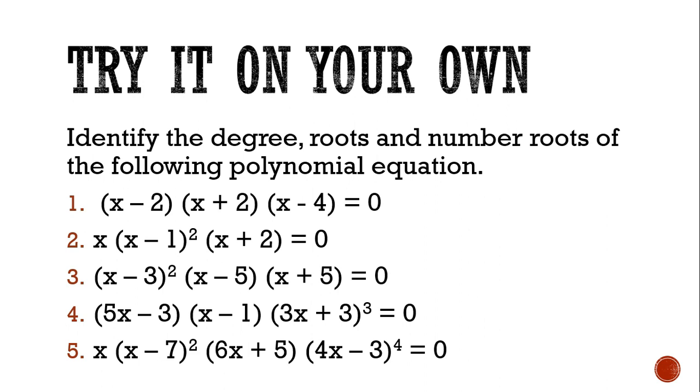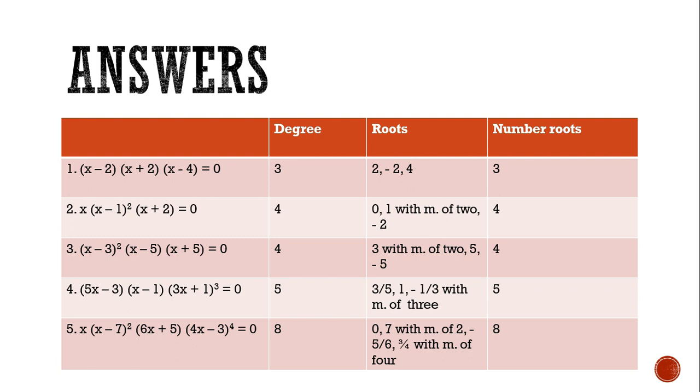The answers are: number 1, it has a degree of 3, the roots are 2, -2, and 4, and the total number of roots is 3. Number 2, it has a degree of 4, the roots are 0, 1 with a multiplicity of 2, and -2. The total number of roots is 4.